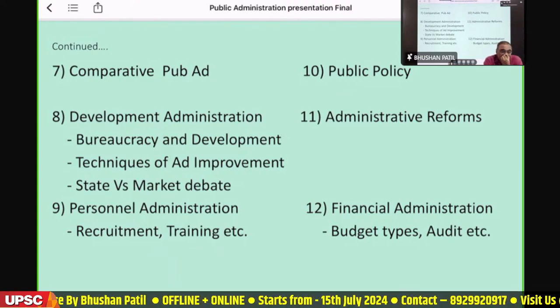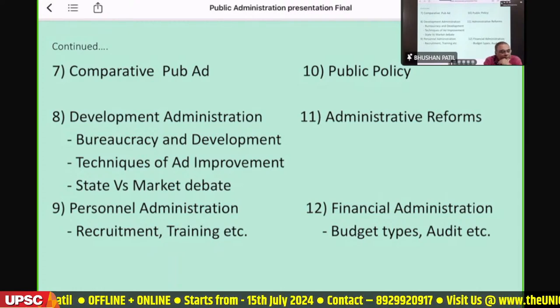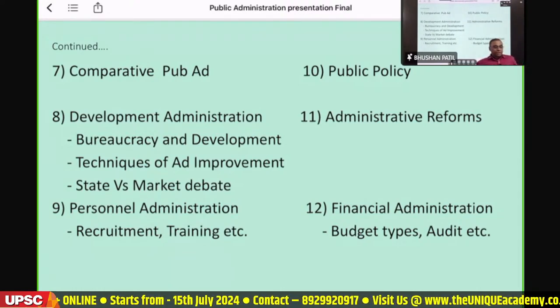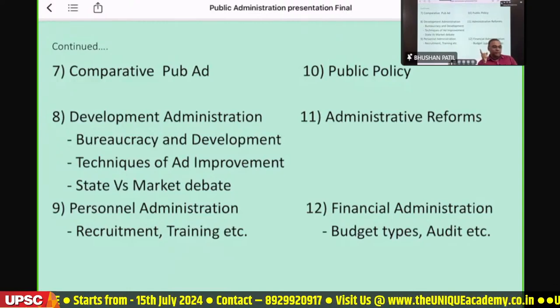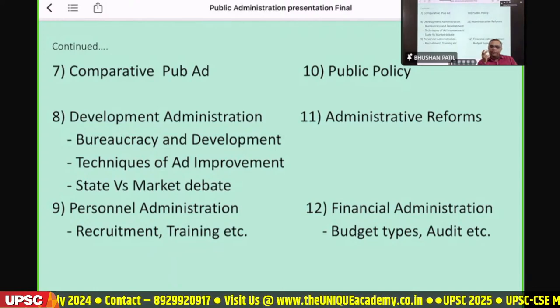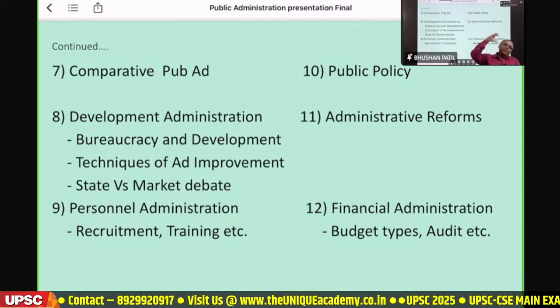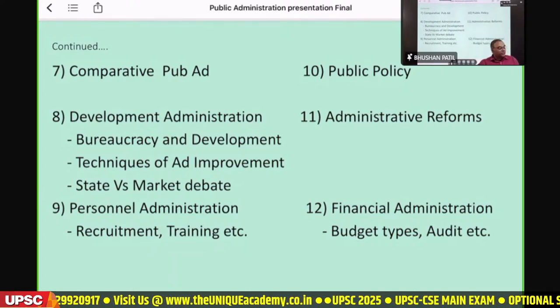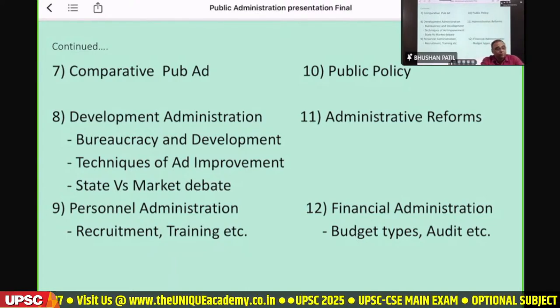Which factors influence when government forms a particular policy? Like suppose reservation policy is there. External factors are more important. How do they influence? Our import-export policy is there. When import-export policy is there, the influence or our responsibility towards international organizations like WTO plays an important role.